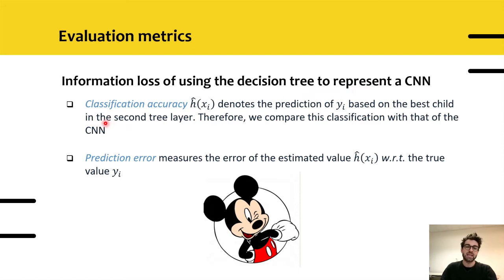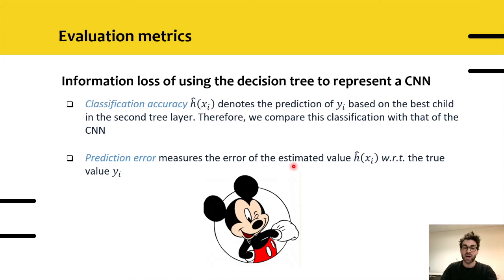This is easily evaluated because we have the classification accuracy, and indeed we have h hat x_i that denotes the prediction of y_i based on the best child in the secondary layer, and therefore we can compare this classification with that of the CNN. And finally we have the prediction error that measures the error of the estimated value x_i with respect to the true value y_i.